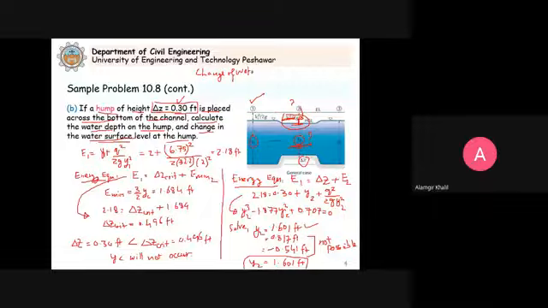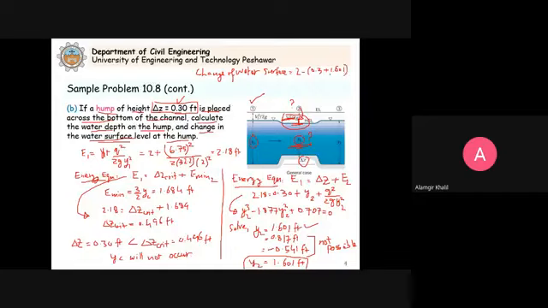So change of water surface will be equal to 2, the depth here, since y1 is 2, minus the sum of delta z, which is 0.3 as given, and y2, which we calculated as 1.601.